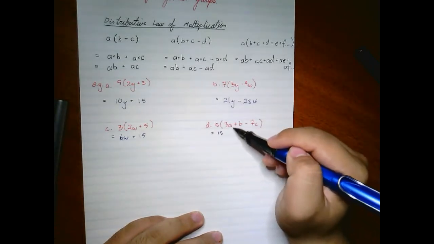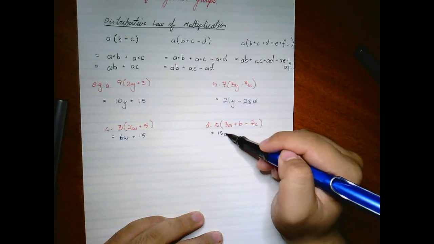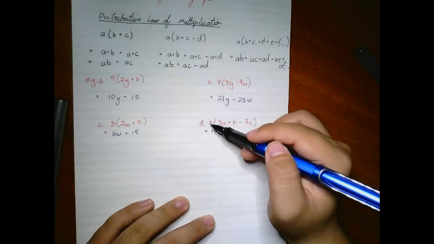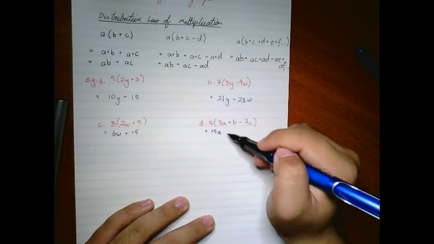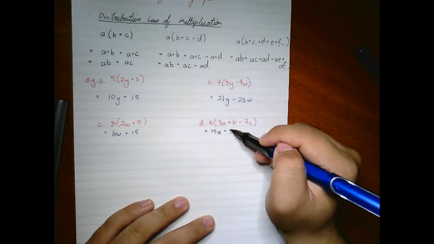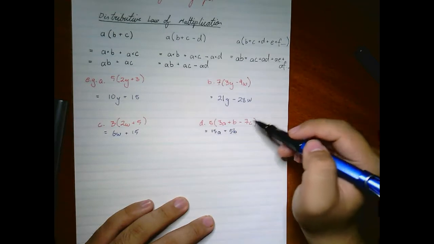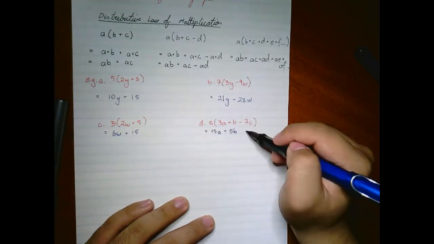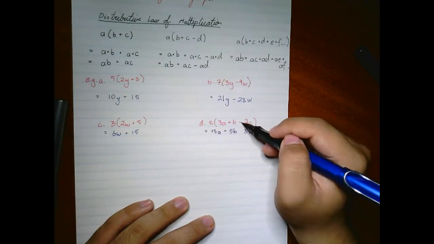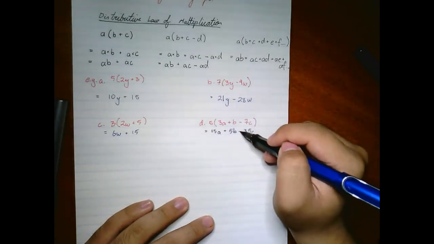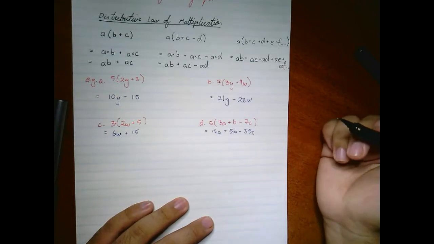Well, there's an a here, so it has to remain. 5 times b, positive b, so it's a plus, so plus 5b. 5 times 7 is 35c, but it's a negative 7, so it's going to be a negative 35c.